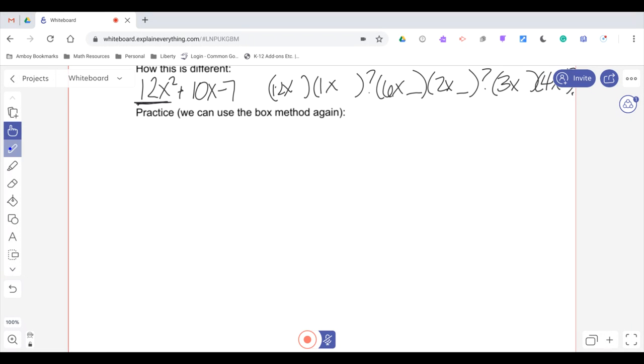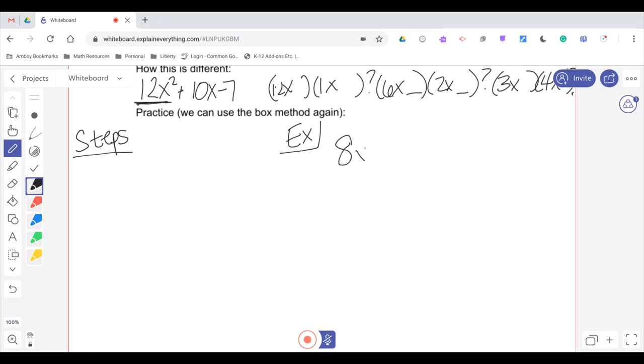Now, I know some of you really liked the box method and some of you did not. We are going to learn how to do this with a box, and if you really don't like it, let me know, and I promise I will show you how to do it differently. And we're going to do an example simultaneously while we write down the steps. So our example is going to use this equation.